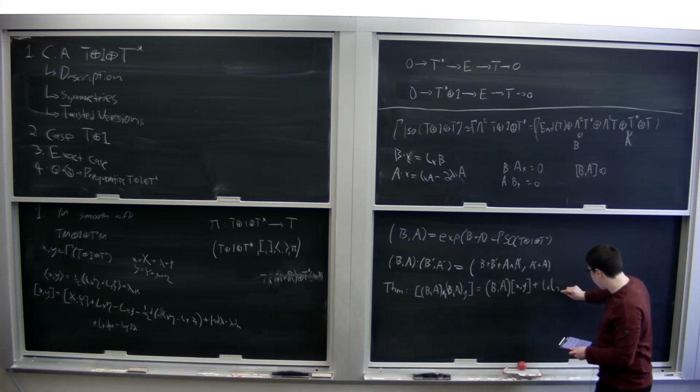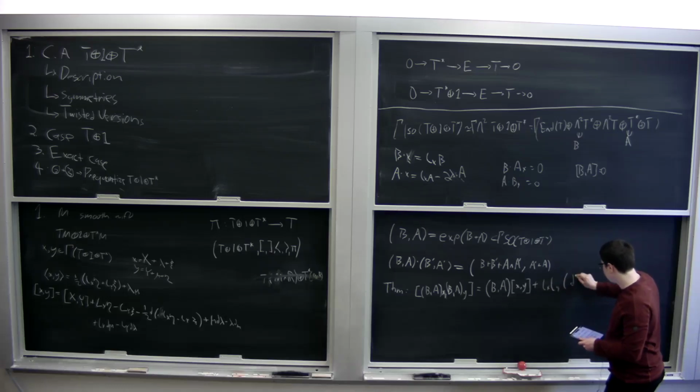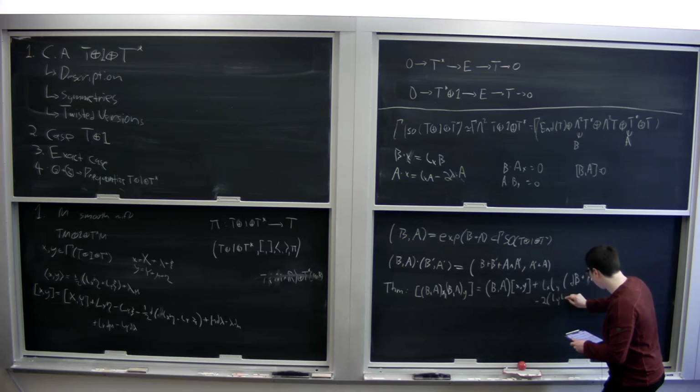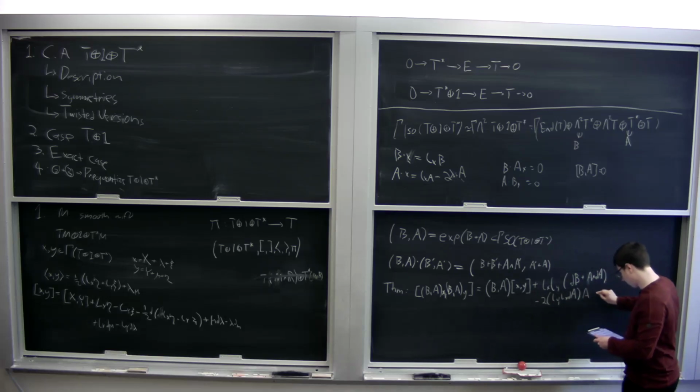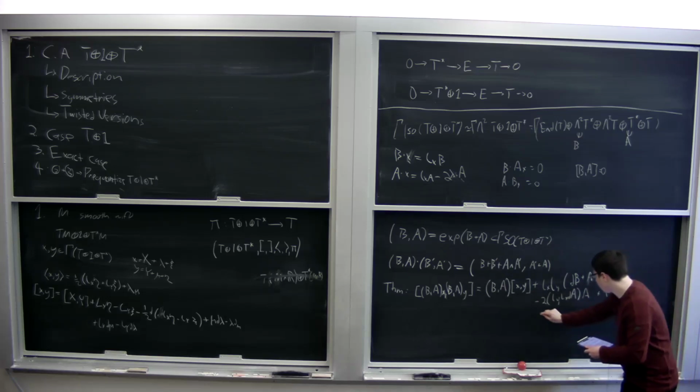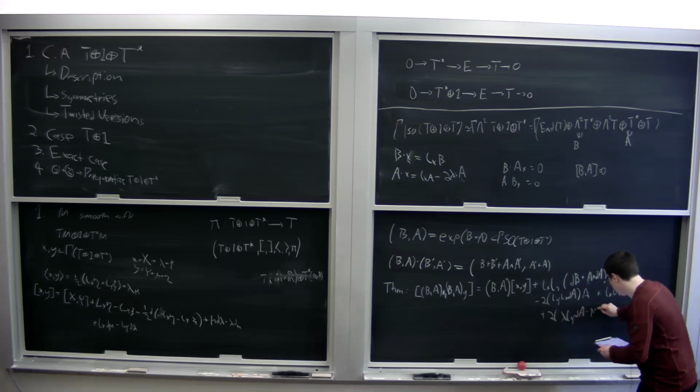in the X and Y vector fields to dB plus A wedge dA minus 2 I_Y I_X dA times A plus I_X I_Y dA plus 2 lambda I_Y dA minus mu I_X dA.